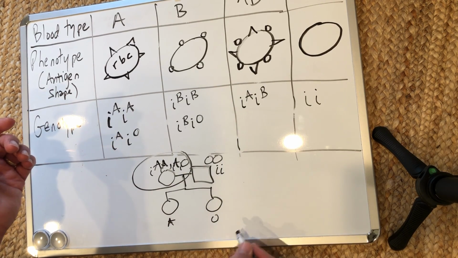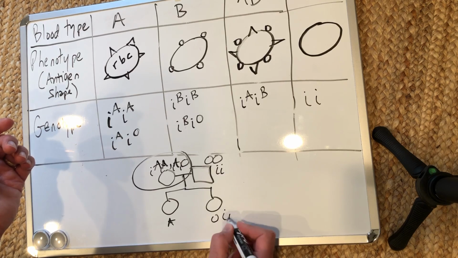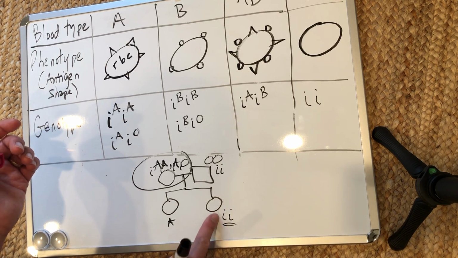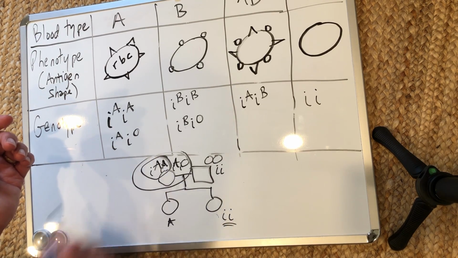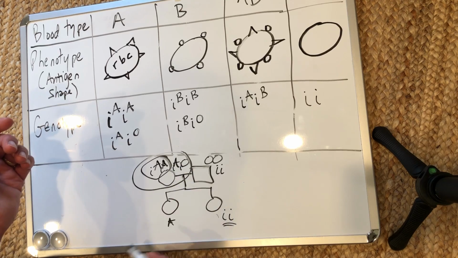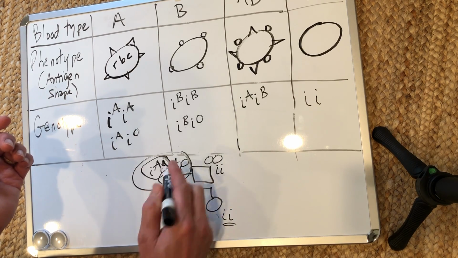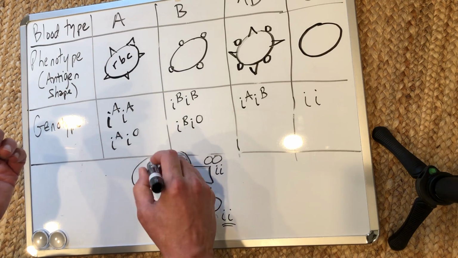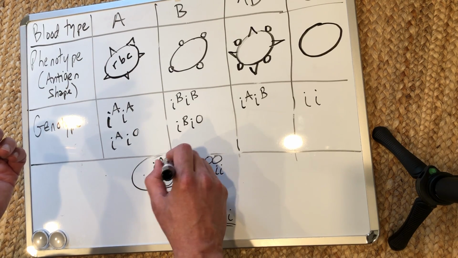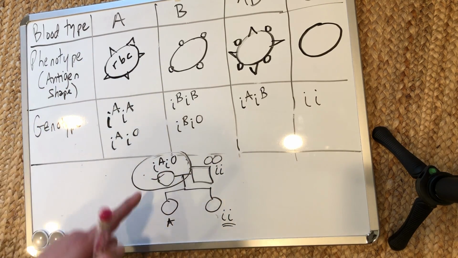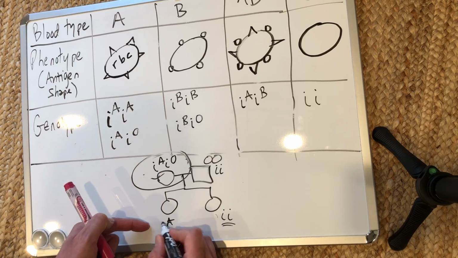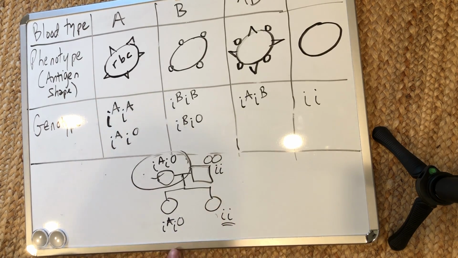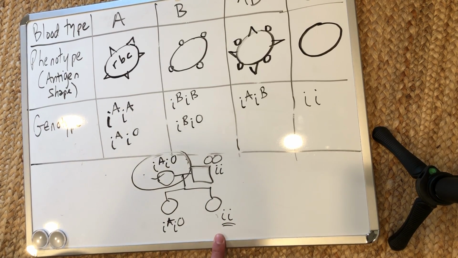So if this one came out O, we know that's that genotype, so we could not have that genotype in the parent. We would have to be AO. So we would then be able to label that parent AO, and that's how they can produce one child that's blood type A and one child that's blood type O.